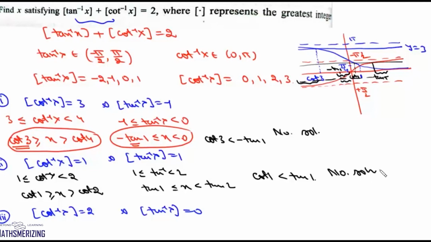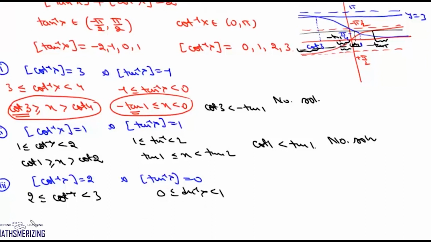Now we'll come to this third and final case when the value of cot inverse of x lies between 2 and 3 and the value of tan inverse of x lies between 0 and 1. Now in this case, we'll get cot 2 is greater than x is greater than cot 3 and here we'll get 0 is less than x is less than tan 1. So we already have tan 1. Now we'll need to figure out cot 2.